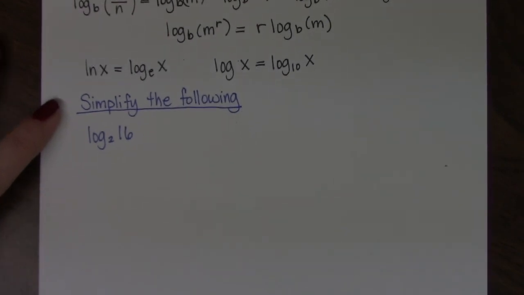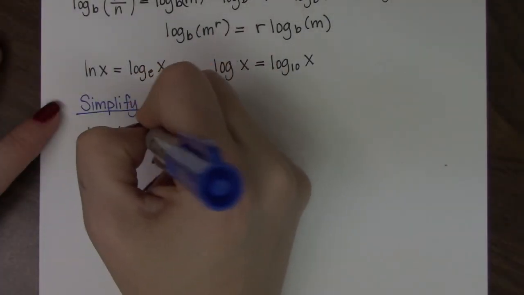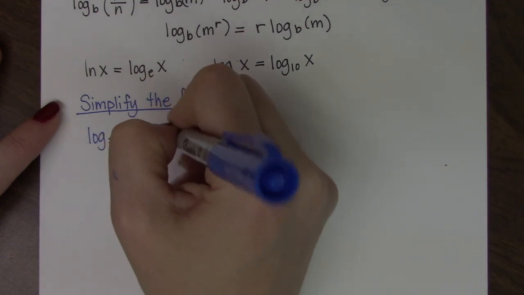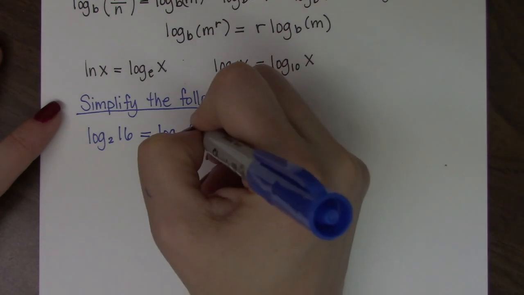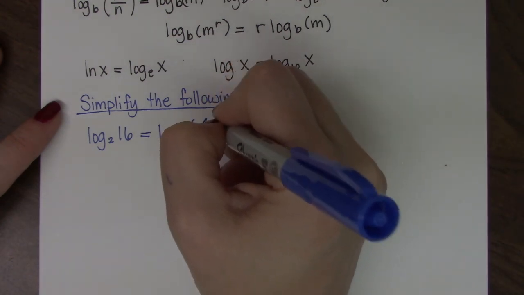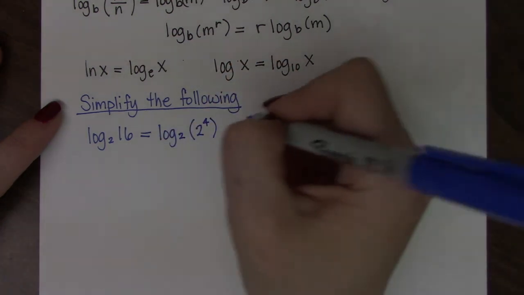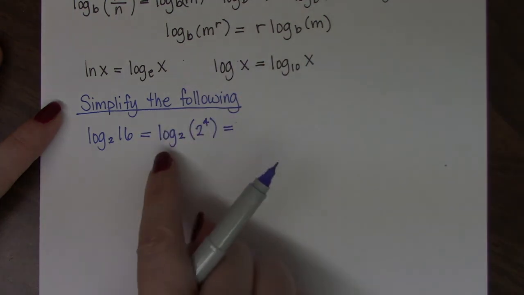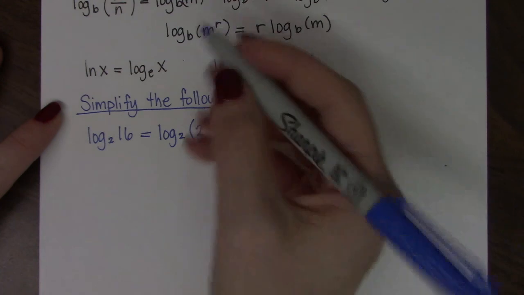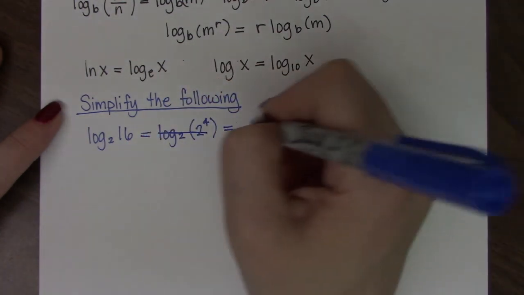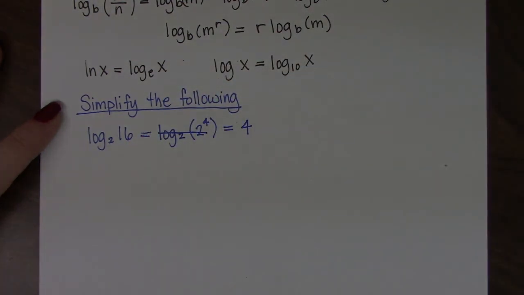So the question is, how do I rewrite 16 in terms of 2? 16 is the same thing as 2 to the 4th. So now I have log base 2 of 2 raised to the 4th. So the log base 2 of 2 will cancel, and I just get out 4.